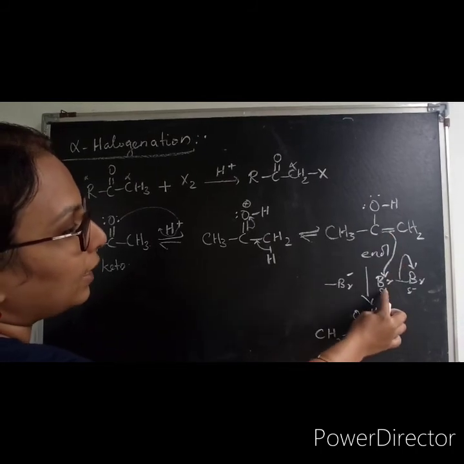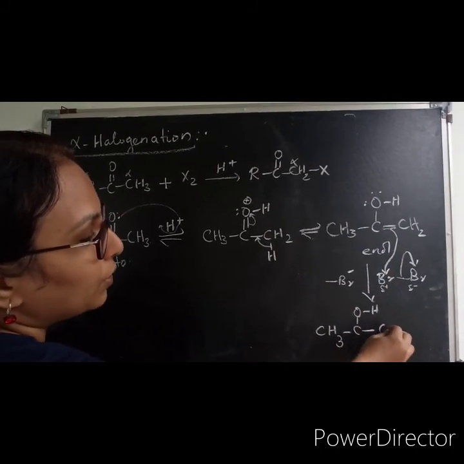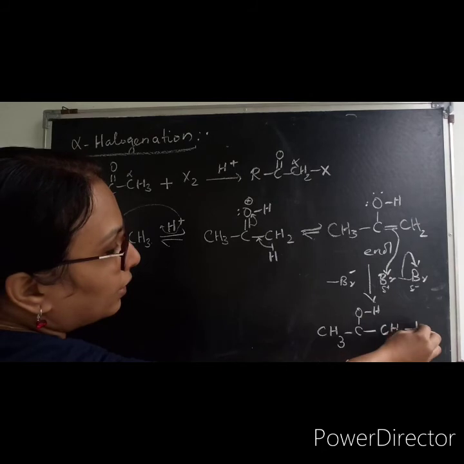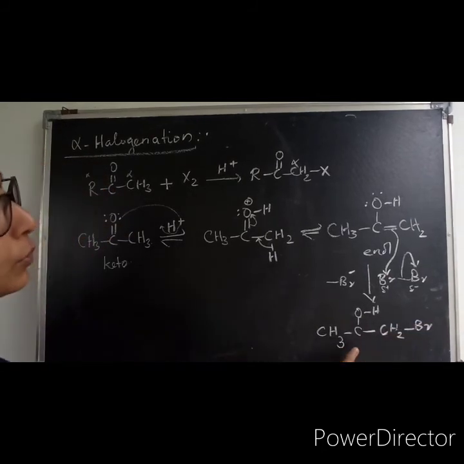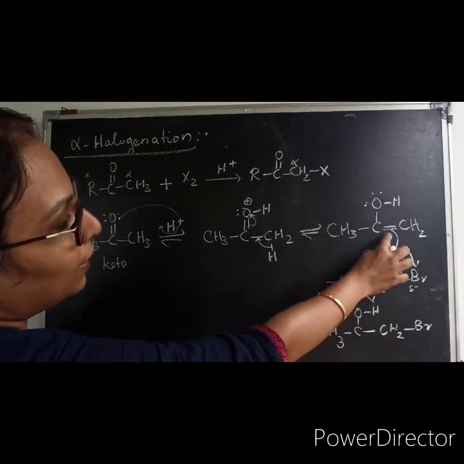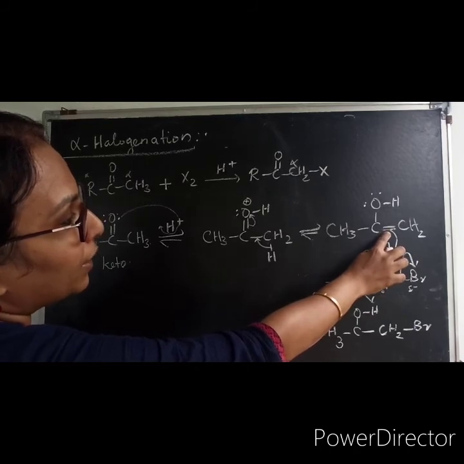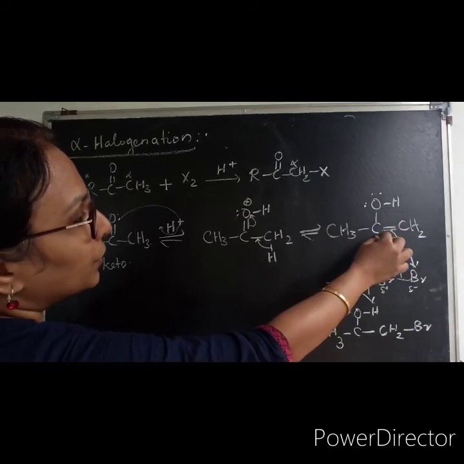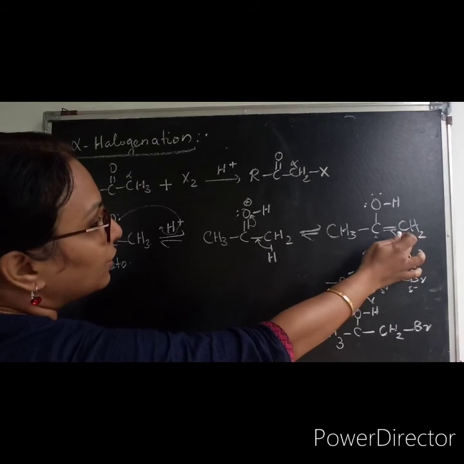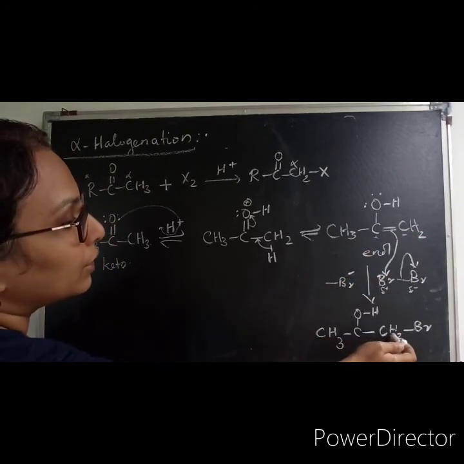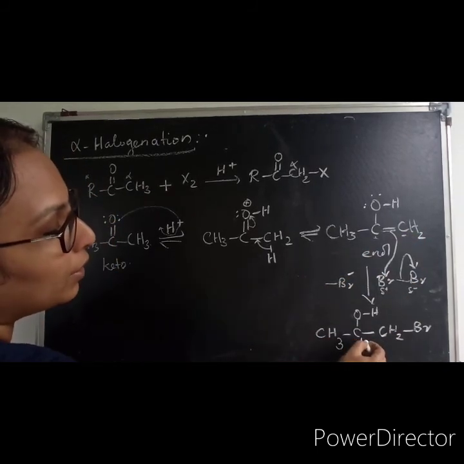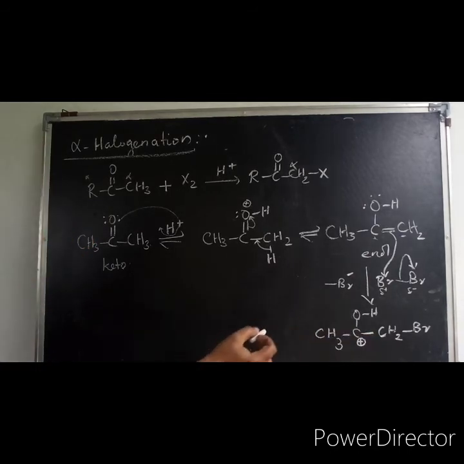One pi bond is attacking Br, so this will be a single bond CH2, and here Br will be coming. Now this carbon loses its valency, as this pi bond is breaking. Here positive charge and here negative charge. That is why this will be attacking bromine. So this carbon now will be having a positive charge.